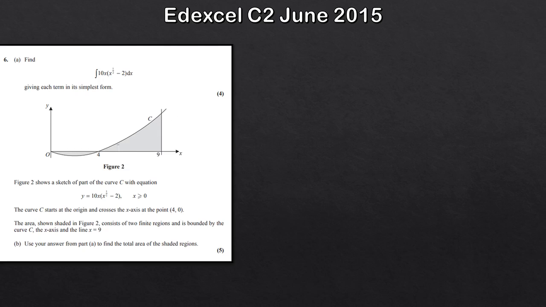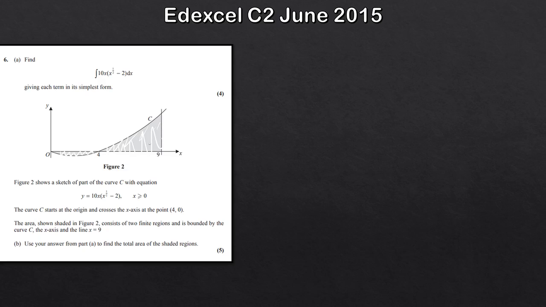So this part here and this part here. Now the first thing to note is this is between 0 and 4. This is underneath the x-axis, so that area will be negative. So when we actually integrate that, we need to take the negation or times it by minus 1 to get that area to become positive. And then for this part here between 4 and 9, that will be positive anyway, so we don't need to worry about that bit too much.